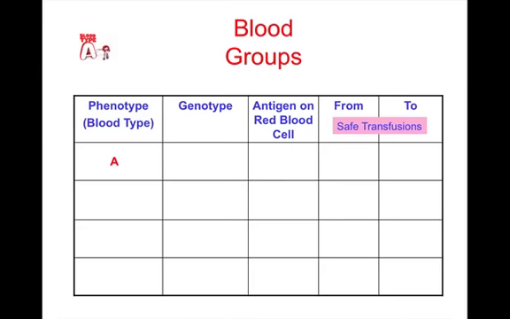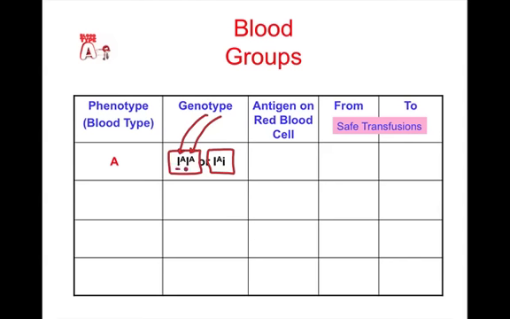So if the phenotype is blood type A, the genotype is either homozygous for A or heterozygous. What's key here when we're seeing blood type is we don't use the letters the same way that we used the letters when we did our Punnett squares. We now have the types, and they are superscript.